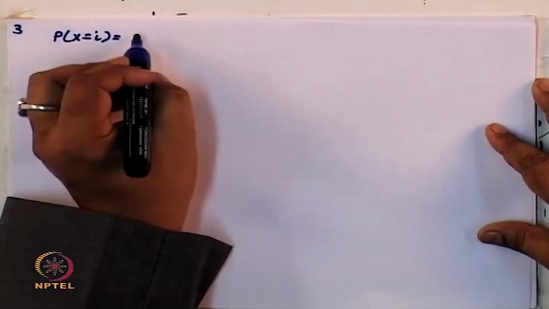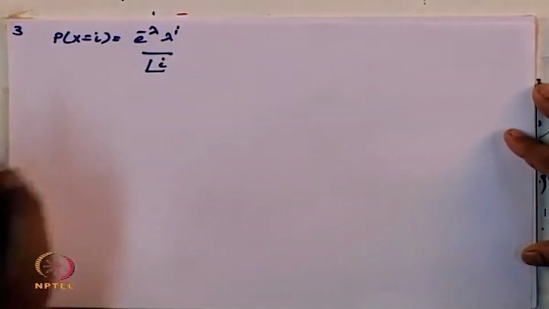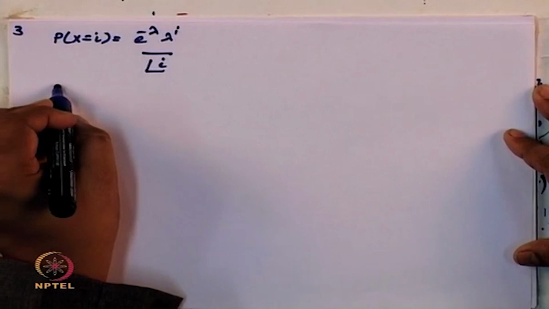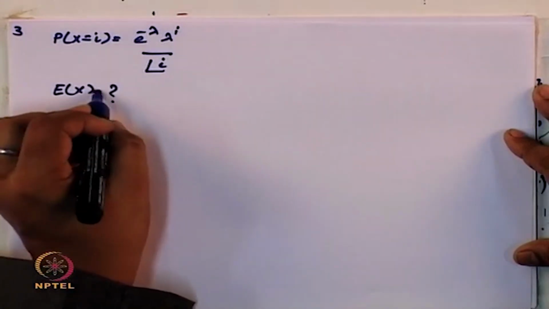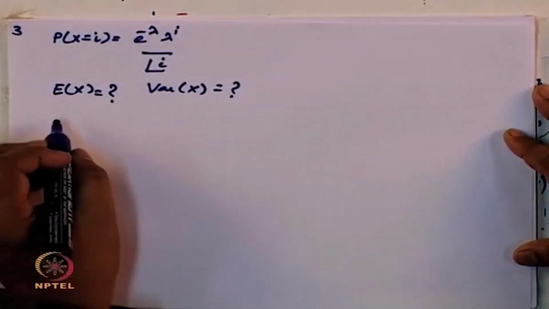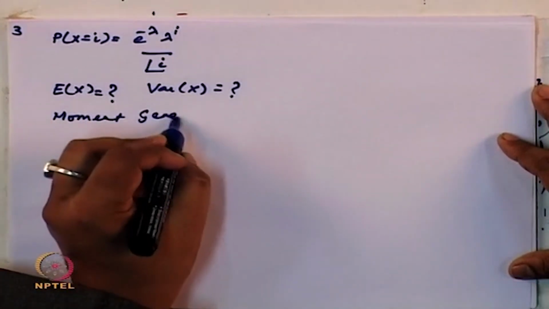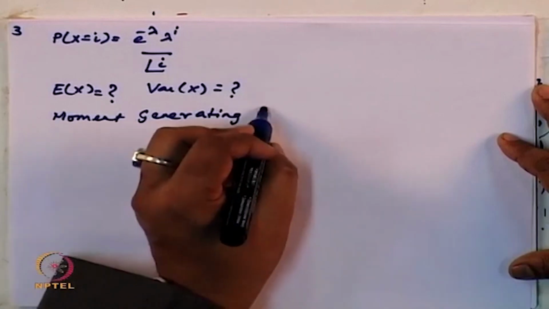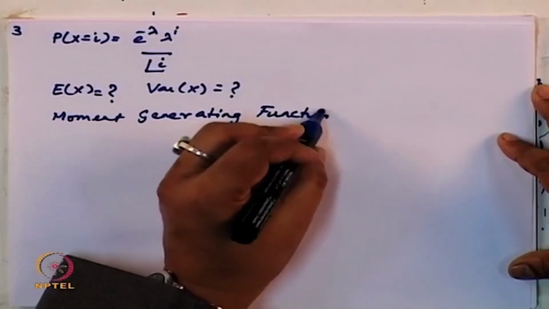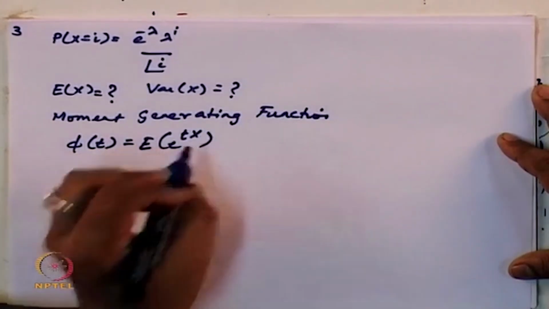Now again we write down the probability mass function. Let us try to find the expectation and variance of x. What we can do is use the moment generating function. If you remember, phi of t is given by the expectation of e^(tx).